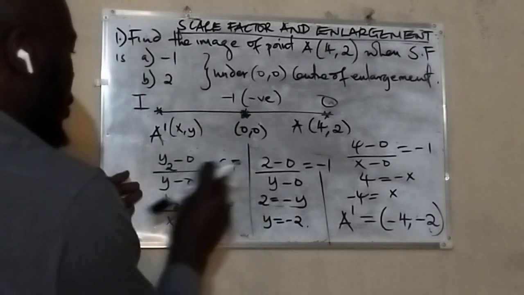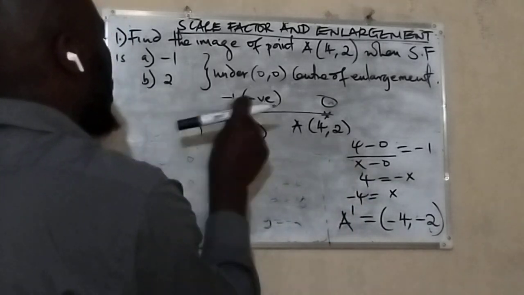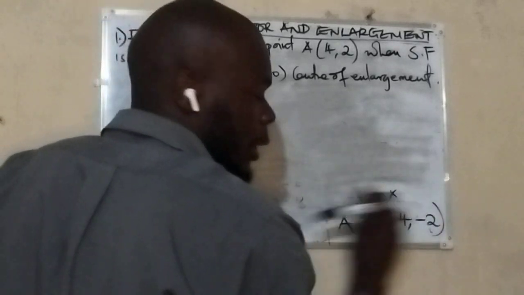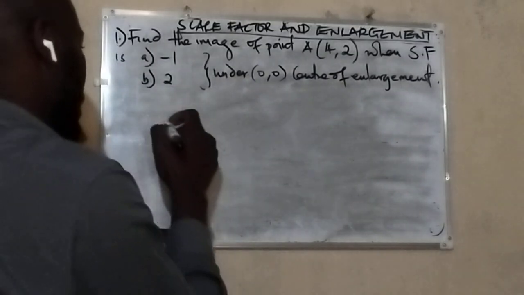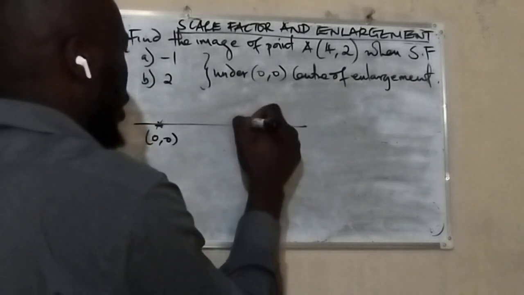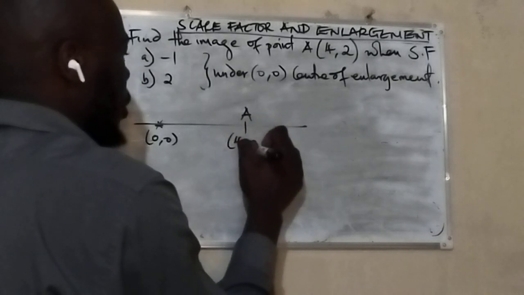What about positive 2? When you have a positive enlargement, it means object and image will lie towards one side. So you have the center here, 0, 0. Then you have your object A, which is 4, 2.